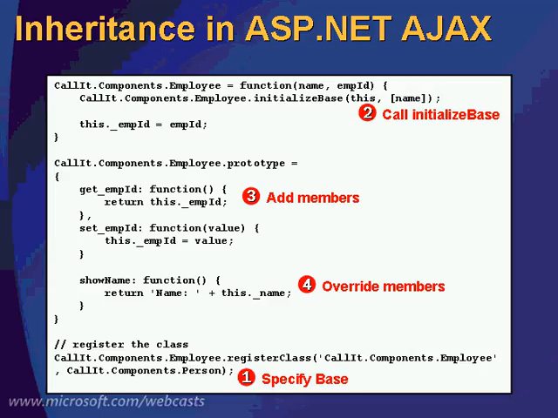In fact, we did that in a previous webcast that you can find a link to on www.robbagby.com. I've got a listing of all my webcasts out there, so you can go in and see the complexity of doing inheritance in typical JavaScript outside of our libraries, and it's quite complex. We've made it very simple to implement here, just by calling registerClass, passing in your base, and then making sure you call initializeBase.